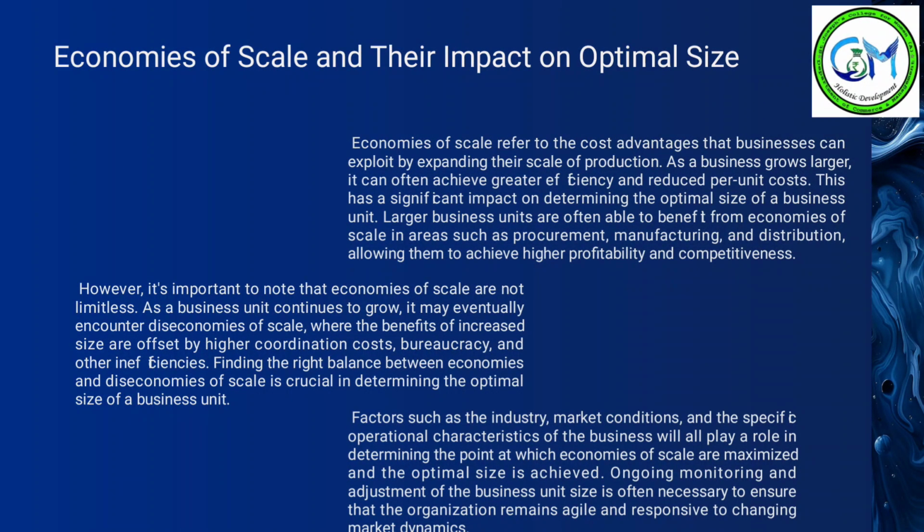So, finding the right balance between economies and diseconomies of scale is very crucial in determining the optimal size of a business unit. Factors like industry, market conditions, and the specific operational characteristics of the business will also play a role in determining the optimum size, the point at which economies of scale are maximized.